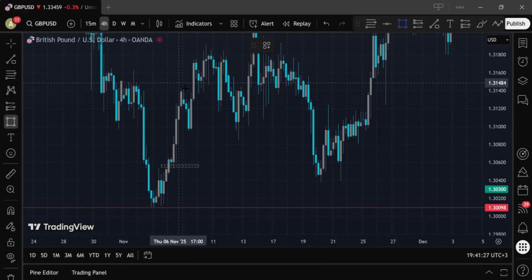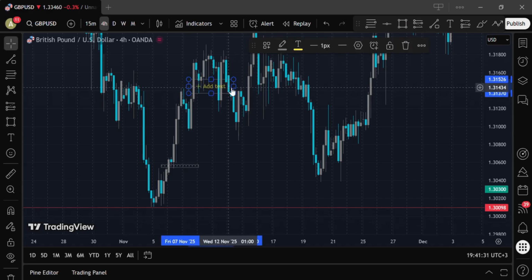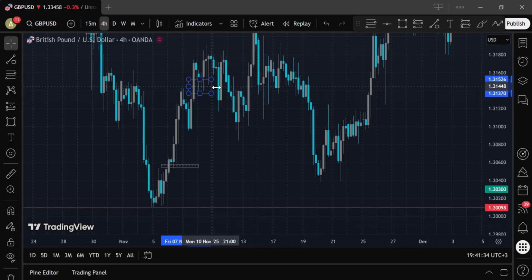Again, we can see here that we have candlestick number 1, number 2, and then number 3. So what happened? When you look at candlestick number 3, it is closing below candlestick number 2. So the price came, filled the fair value gap, and then continued with the direction.